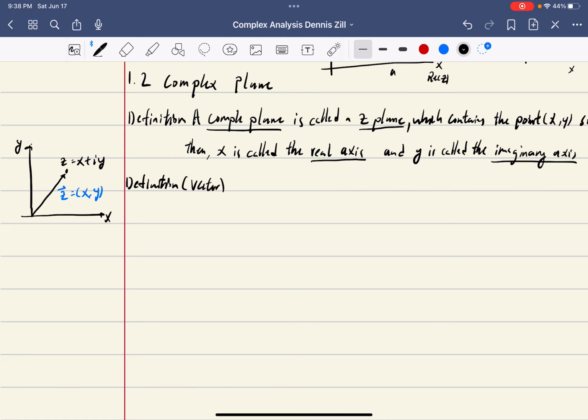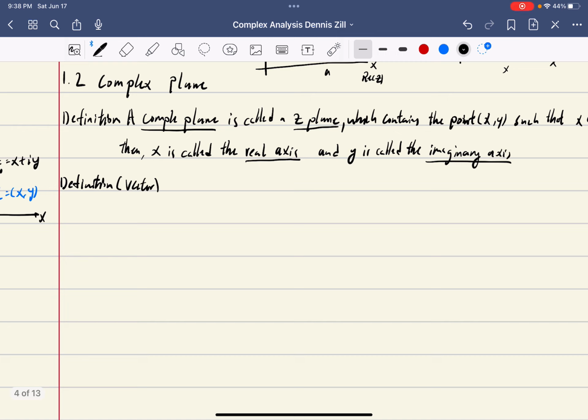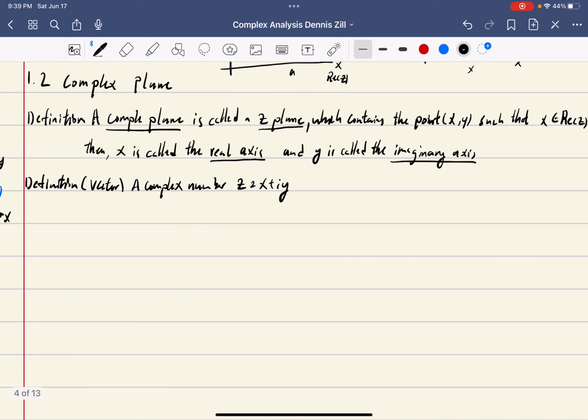Now, let's formulate a formal definition for the vector. A complex number z equal to x plus iy, right, can also be viewed as a two-dimensional vector.